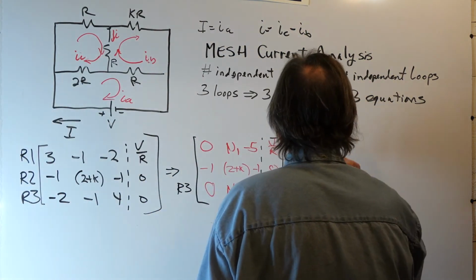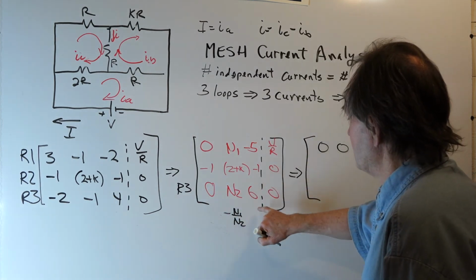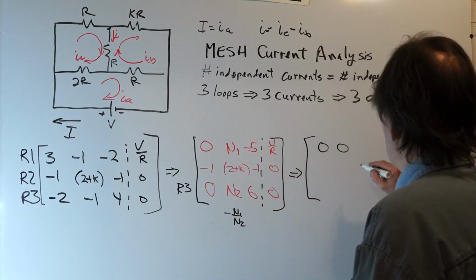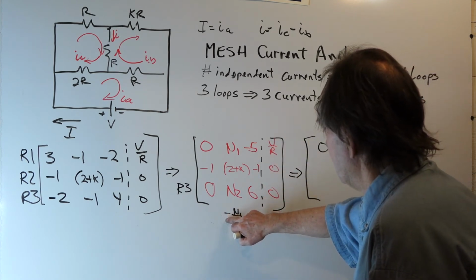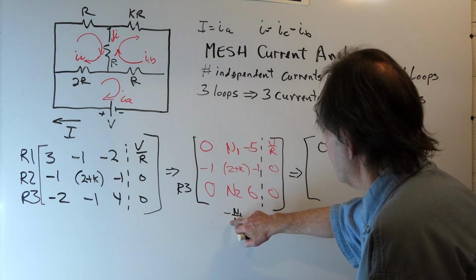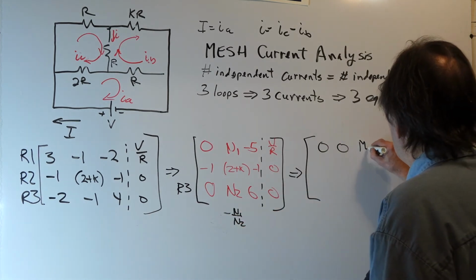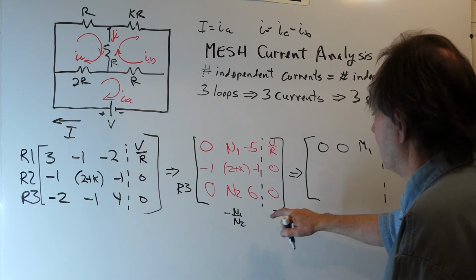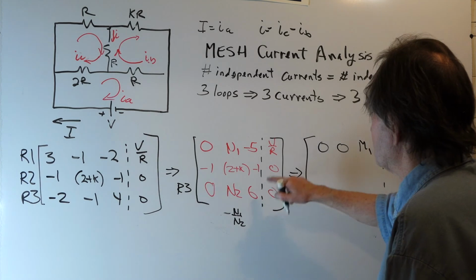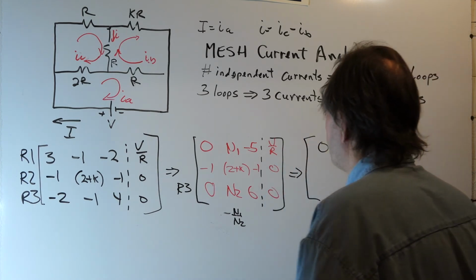Now it gives us 0 and 0 in that position, and then this becomes a minus 5 plus 6 times a minus n1 over n2. So let's just say this is some value m1 when you work it out. And 0 times this is 0, so we still end up with v over r there.